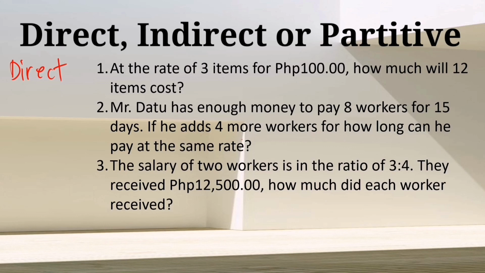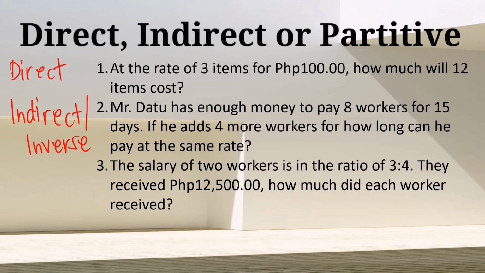So, ibig sabihin, as the number of workers increases, the number of days will decrease. So, kung yung isa nag-increase at yung isang quantity nag-decrease, ito ay isang indirect proportion or inverse.